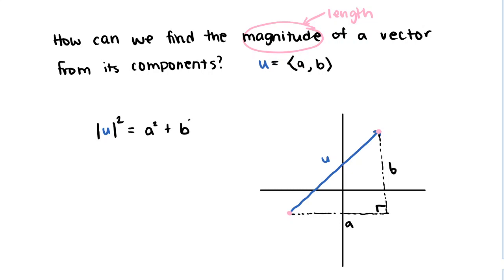So a squared plus b squared. Right, so here a was the horizontal component and b was the vertical component. So we square these, add them together, we get the square of the vector length. And so if I just want to write a formula for the vector length, I'm going to take the square root of both sides, and I'm going to get that the magnitude is equal to the square root of a squared plus b squared. Right, the sum of the squares of the components, the horizontal component and the vertical component.